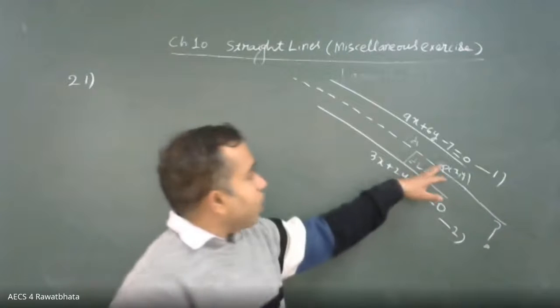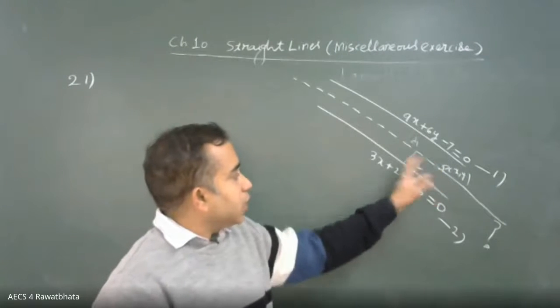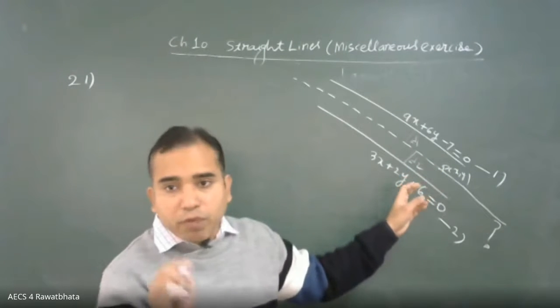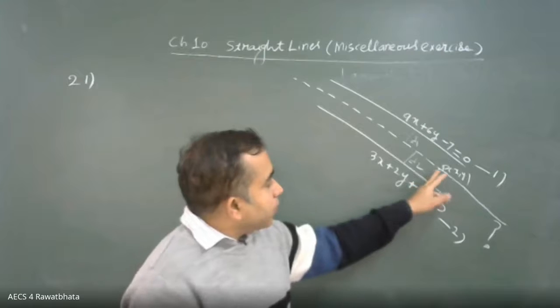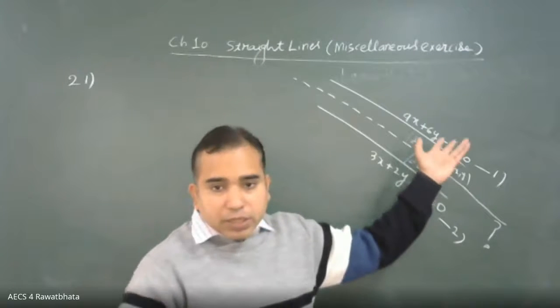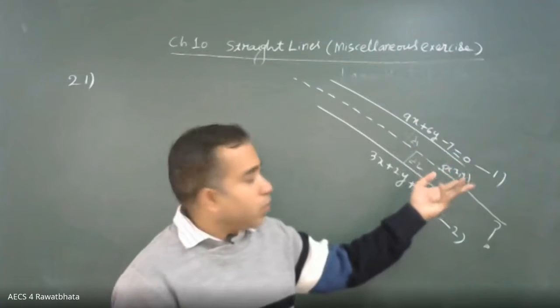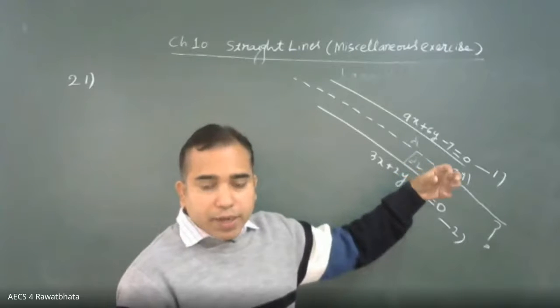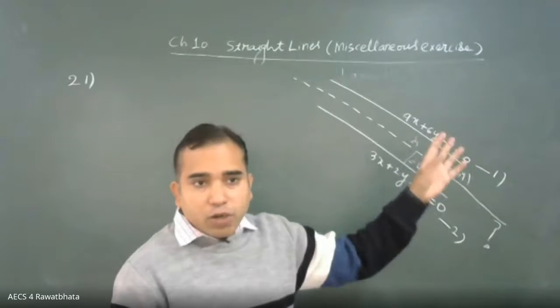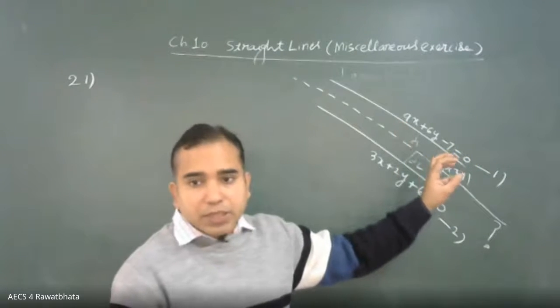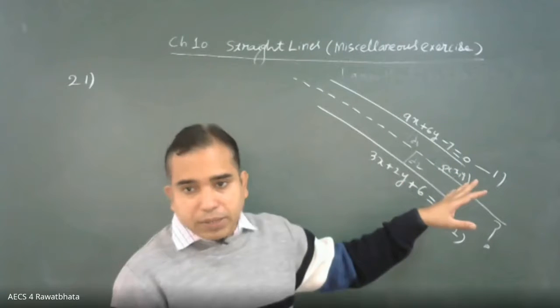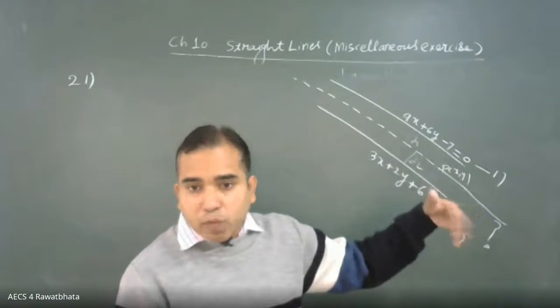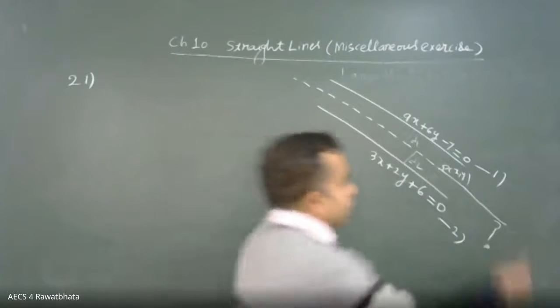Its distance from line 1 you calculate, its distance from line 2 you calculate. And one more very important thing: because these two lines are on opposite sides, for D1 and D2 you should not take modulus sign. Remove modulus, and for one side you should take plus sign and for the other side minus sign. You can say D1 equal to minus D2 you should take. Okay, it will give you the answer.